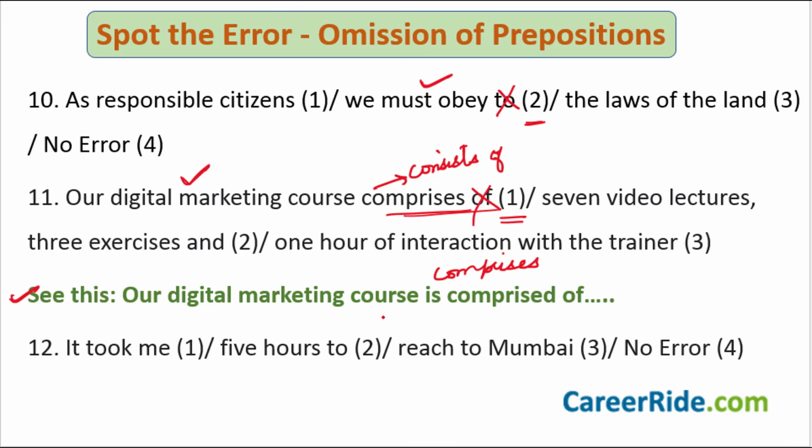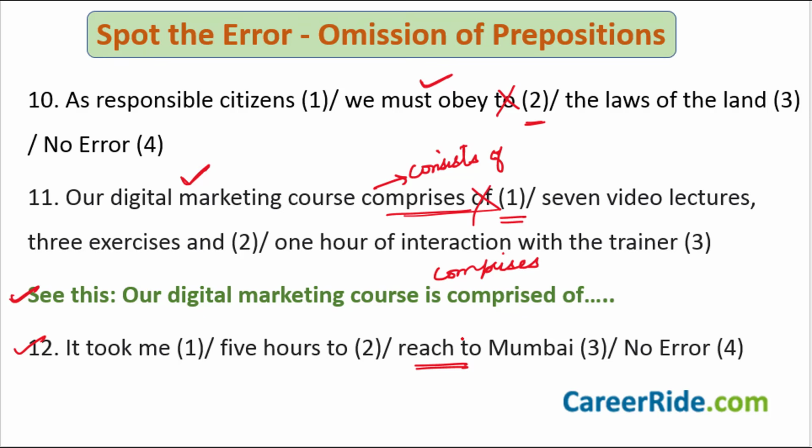Either you say our digital marketing course comprises these things or is comprised of these things. That is fine. Let's read the 12th sentence now. It took me 5 hours to reach to Mumbai. Very common mistake that most of us commit. Now the mistake here is actually in the third part of the sentence, and this is a very common mistake that we commit in our day-to-day talks also.